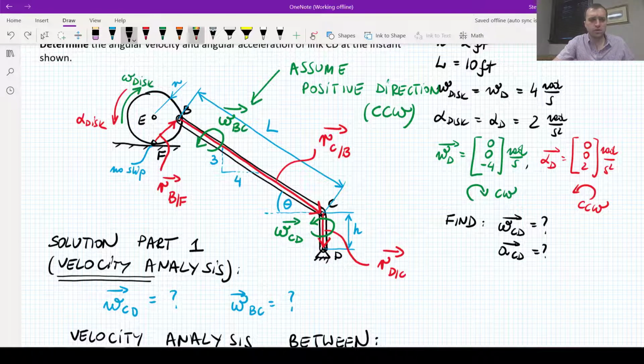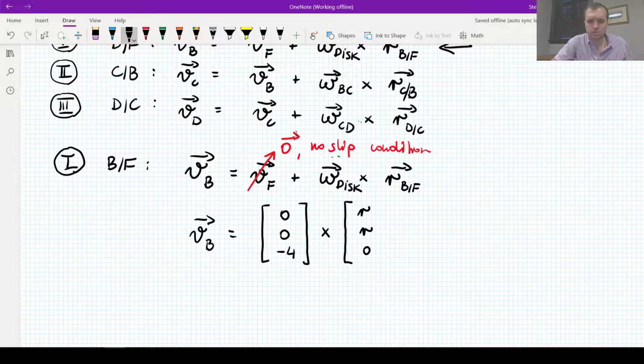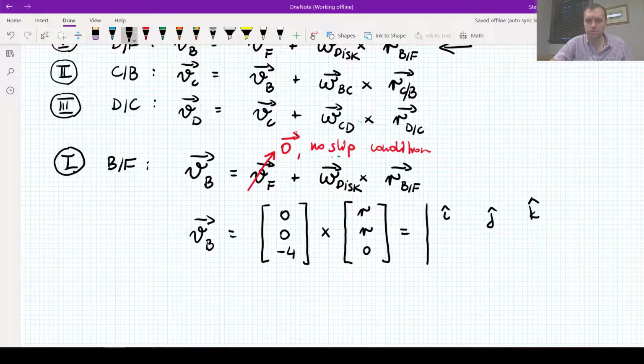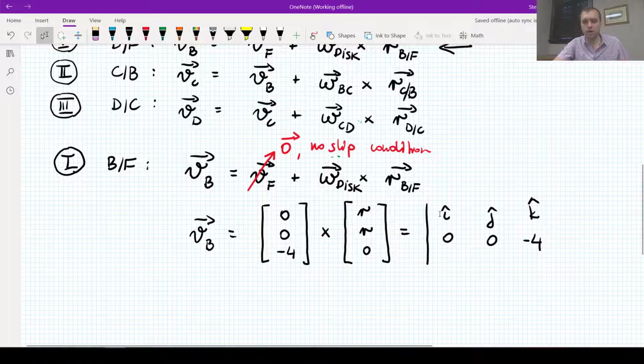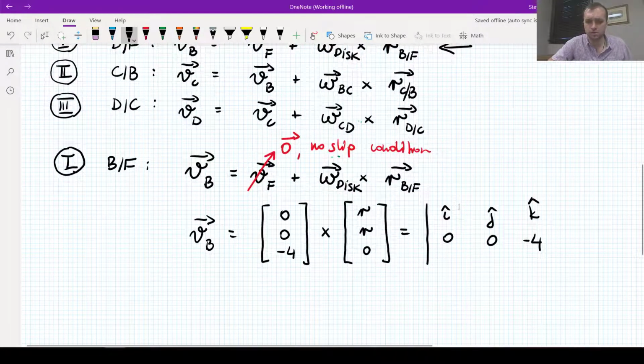So you can clearly see that its components at this time instant are R, and 0. Okay, let's write down our determinant. IJK, 0, 0, minus 4. If I remember correctly, R was equal to 2 feet. Yeah, so I'm just gonna put in here 2, 2, and 0.